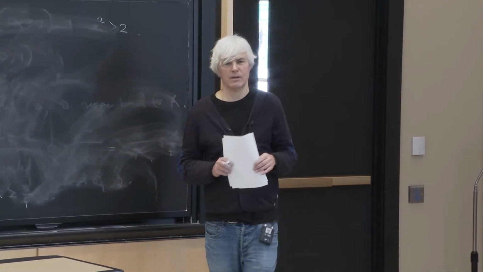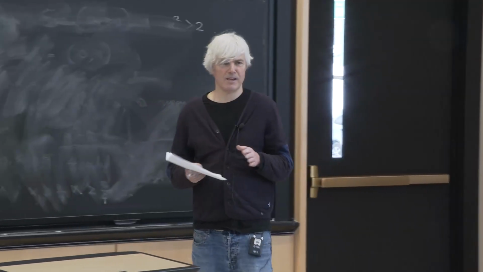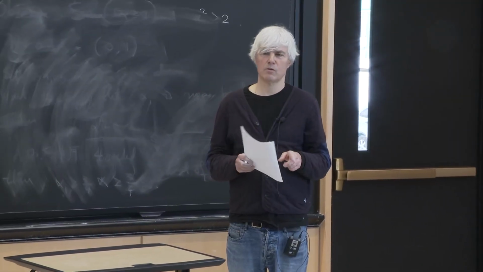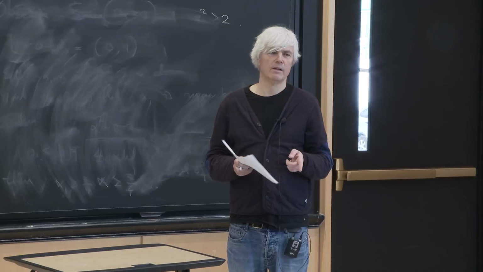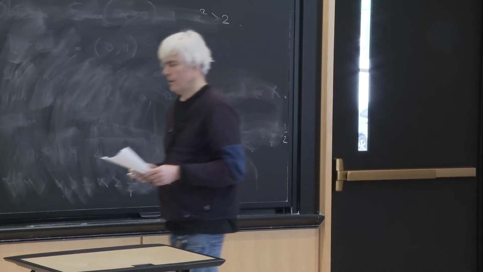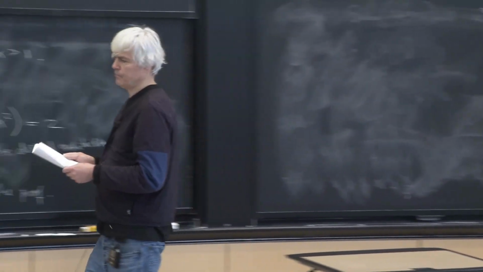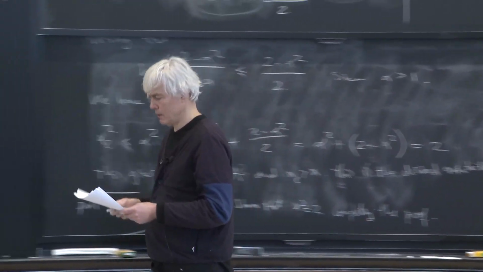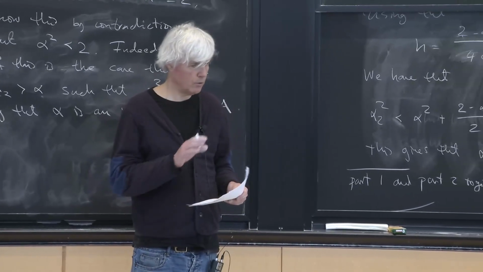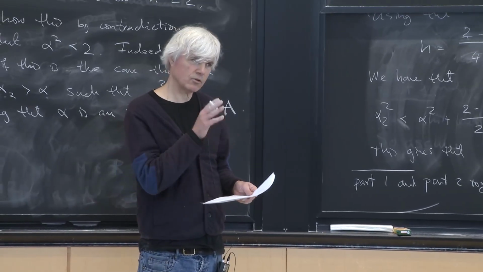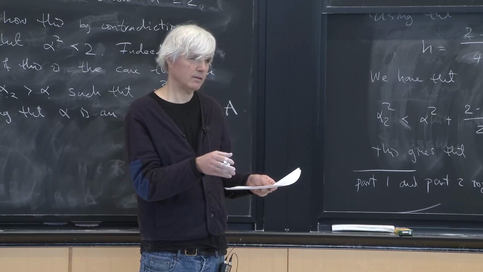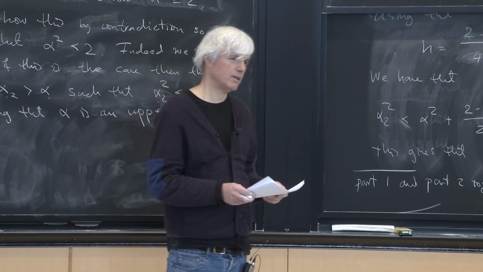Because we're using something about multiplication to define the square root at all, right? And also we're using that 1 is bigger than 0. And then we're also using, of course, completeness in order to define this least upper bound. So we're using a bunch of these things.